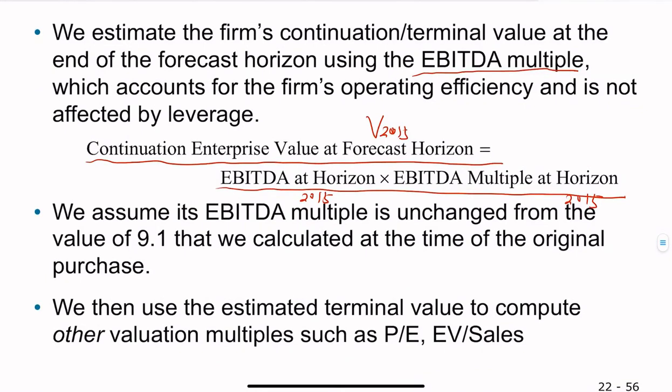So we basically have to find out two numbers, right? What is the firm's EBITDA in 2015 and what is the firm's EBITDA multiple in 2015? So we assume EBITDA multiple is the same as the value of 9.1 when we calculated it at the time of the original purchase.